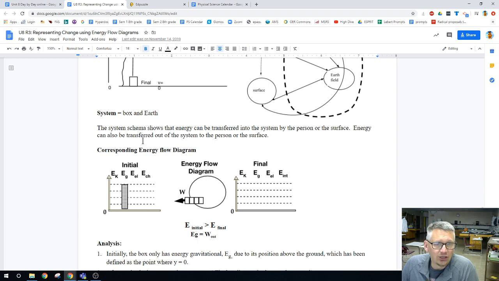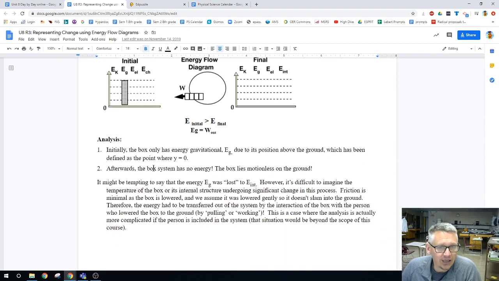Energy can also be transferred out of the system to the person or the surface. So in the conservation of energy flow diagram, the initial is 1, 2, 3, 4 bits of gravitational energy. The final is nothing, with the understanding that 1, 2, 3, 4 pieces of work went out of the diagram.